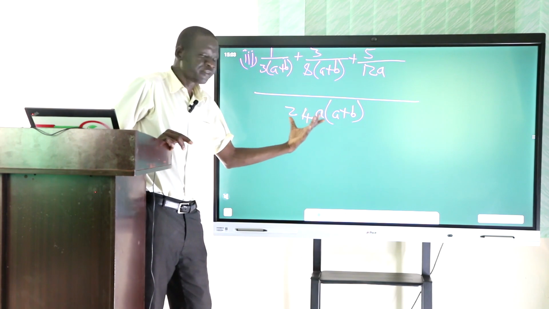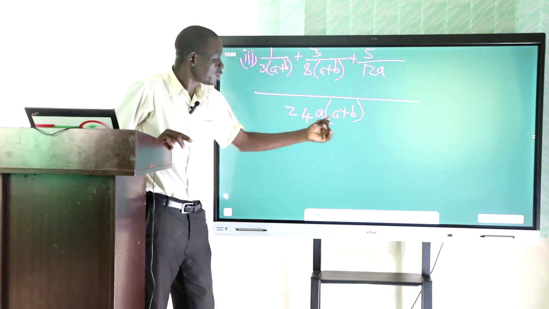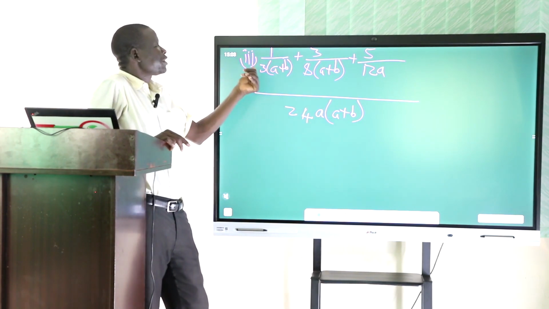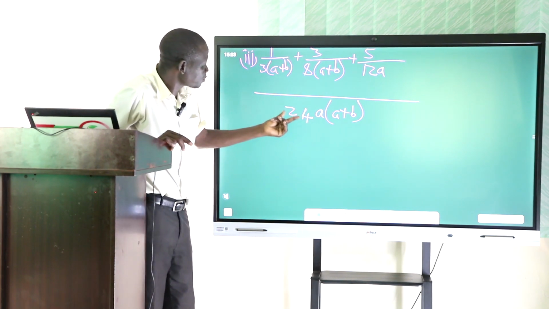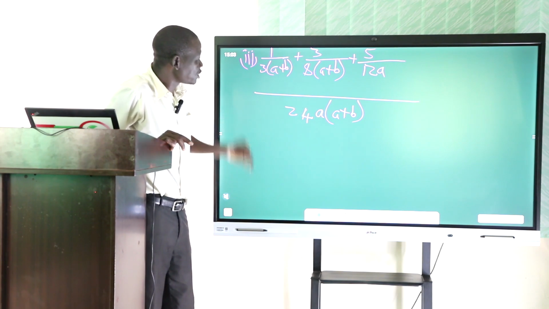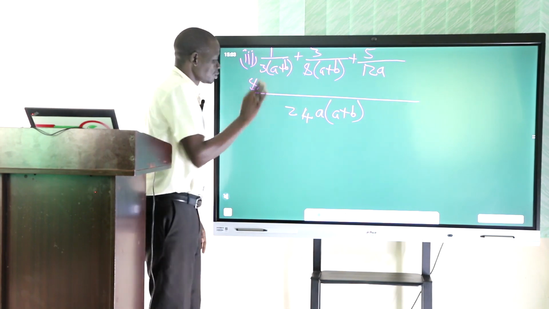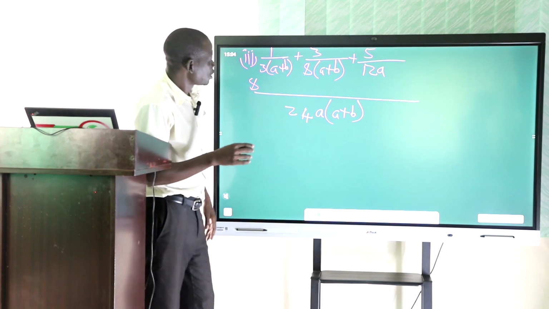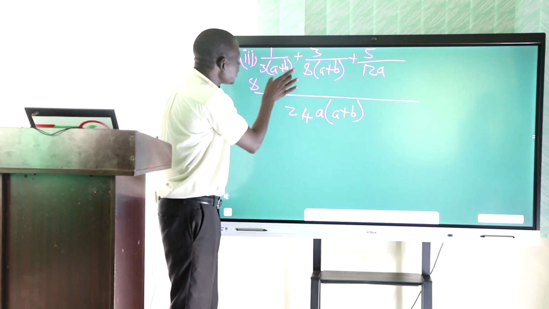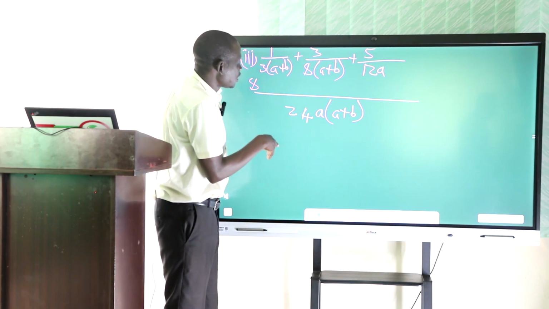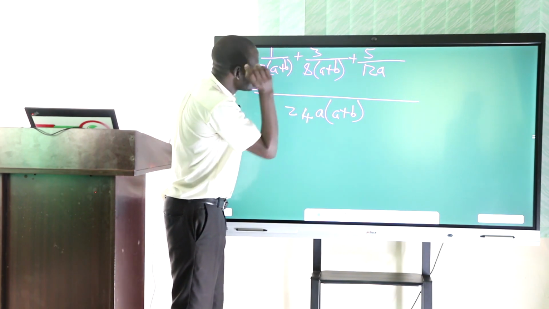So we are going to divide now. 24a into (a plus b) divided by 3 into (a plus b). First of all, 24 divided by 3, you get 8. And then (a plus b) divided by (a plus b), you get 1. And then we are left with the a.